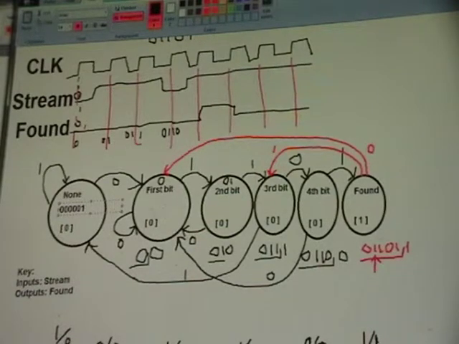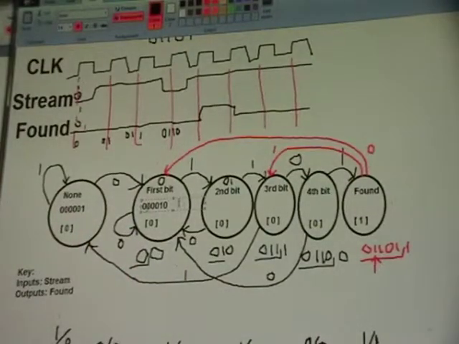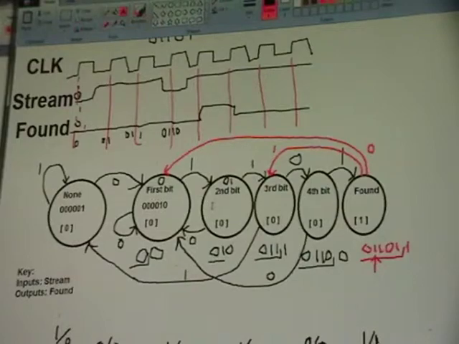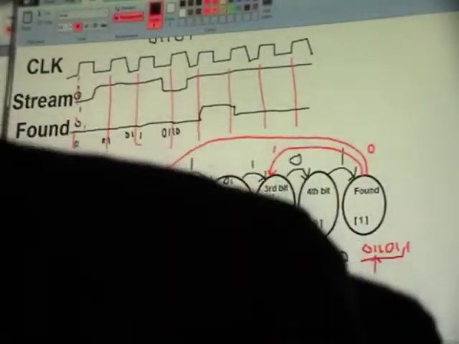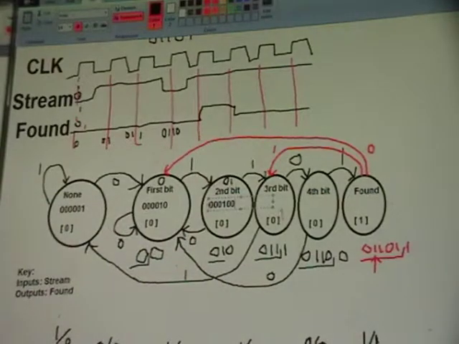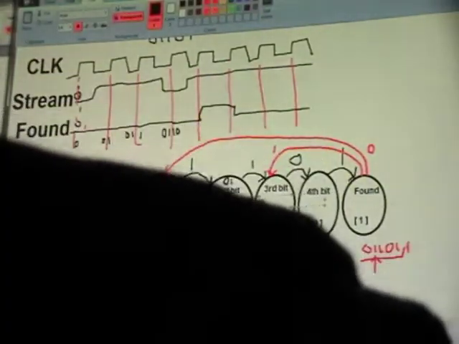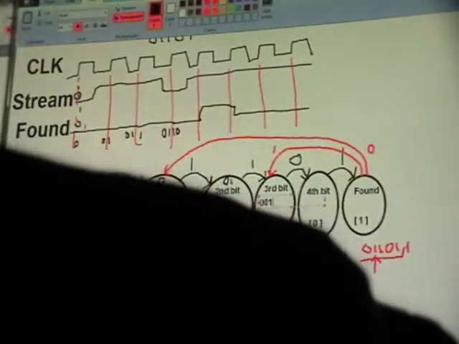Each state, the bit is going to be moved over 1 space to the left. So first one was 5 zeros and a 1. Next one is 4 zeros, 1 and a 0. Then 3 zeros, 1, 0, 0. Okay, the 1 is just traveling across the number.